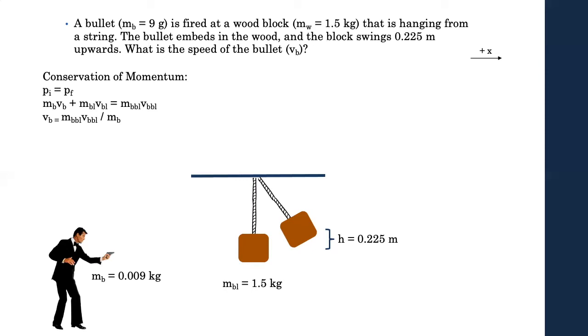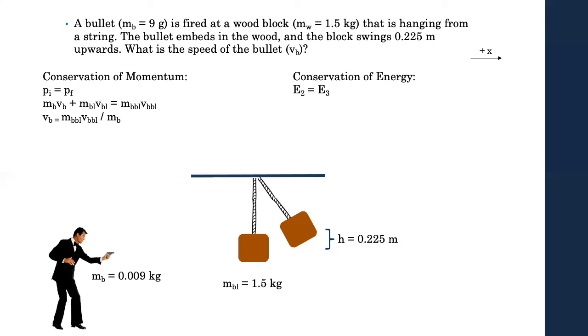So in determining the speed of the bullet, we just simply rearrange the equation. Unfortunately, we don't have the speed of the bullet block mass together. We need to find that. And we can use conservation of energy principles to find that, as we described earlier.